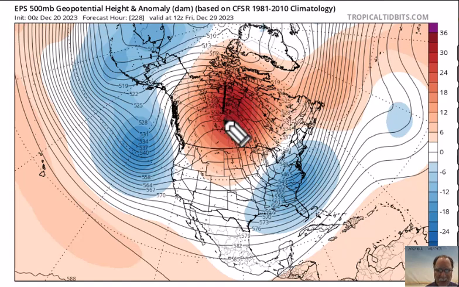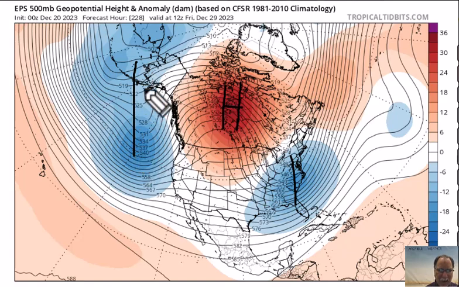This is kind of the overall pattern change that develops by the end of next week. We have high pressure ridging kind of centered over the west central part of Canada, just near or just to the west of Hudson Bay. A trough right here over the eastern part of the nation that really is featured over the southern and eastern states.